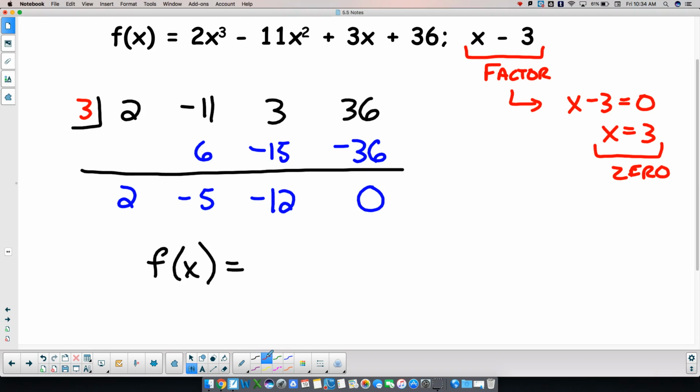What's a factor of f of x? X minus 3. So f of x is x minus 3 times what? 2x squared minus 5x minus 12. Love it.